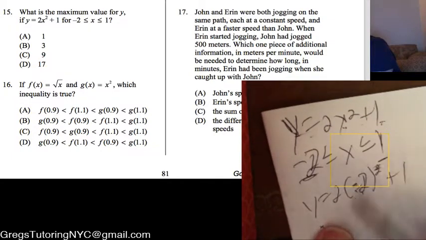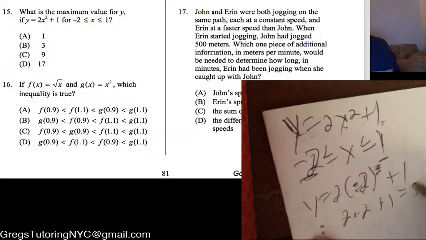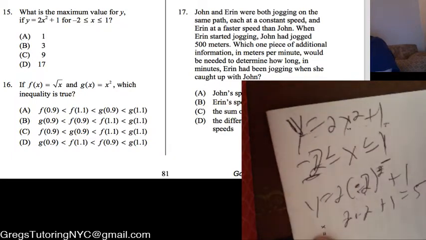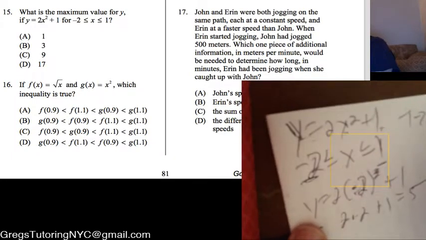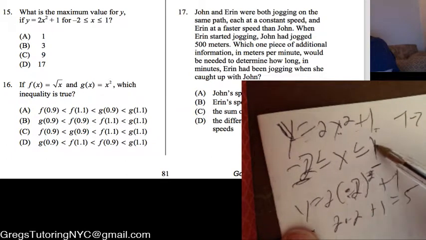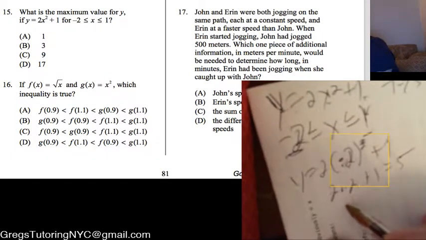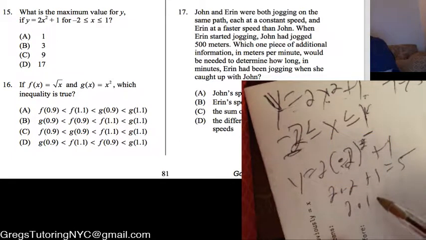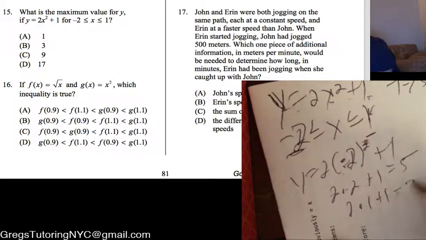So we get 2 times 2 plus 1, so we get 4 plus 1, we get 5 when it's minus 1. So minus 1 gives us 5 for y. If we go to the other extreme, which is 1, then we get 2 times 1 squared, which is 1, plus 1. So we get 3.